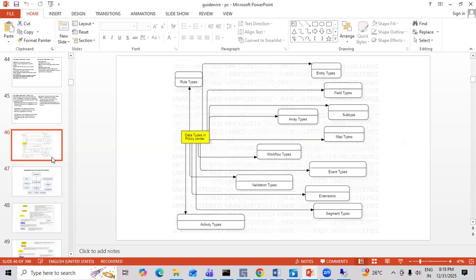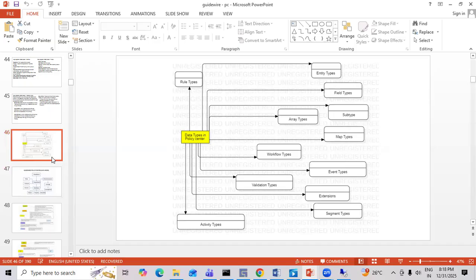Now, when it comes to the data types in PolicyCenter, please write down. Data types in PolicyCenter are as follows. First one, rule types.